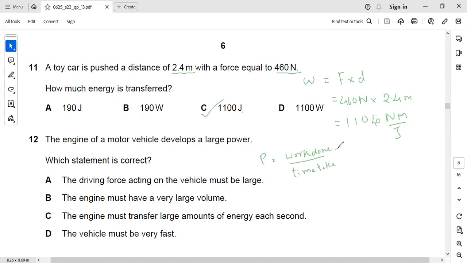That means how much energy we are generating per second. In each second, the rate of energy transfer or the work done is actually power. So more energy is getting transferred each second, more power will be generated. So the right answer here it is, the engine must transfer large amount of energy each second.